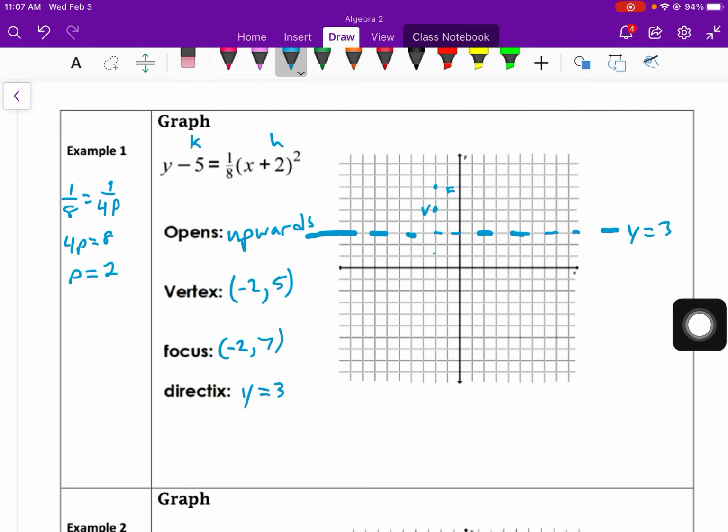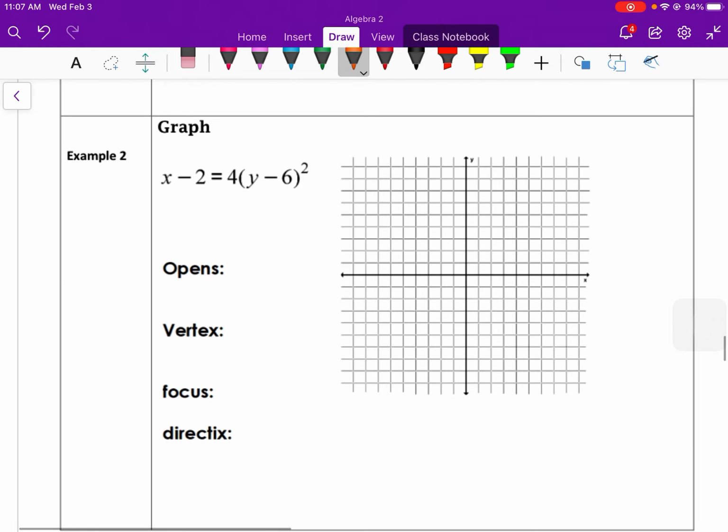So that's 4 units. So we go 4 to the right, 1, 2, 3, 4. And then 4 to the left, 1, 2, 3, 4. And then we can see some points that our parabola is going to go through to draw the parabola. And then reiterating the distance from this focus point to that point down to the directrix, this is the same distance here, those two lines.